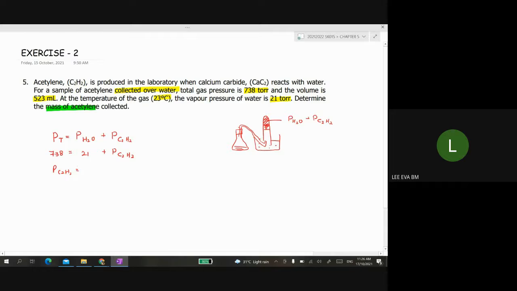Okay, try to figure out in atm. All right, what is the value in atm for this partial pressure of acetylene?